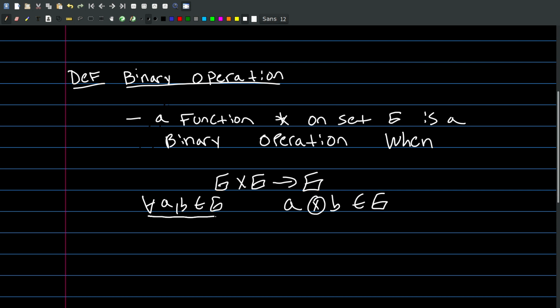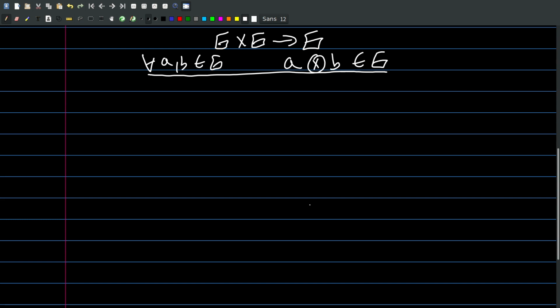Okay. So in a way, it's closed. We grab two elements, basically. Okay. So an example would be addition for the integers.